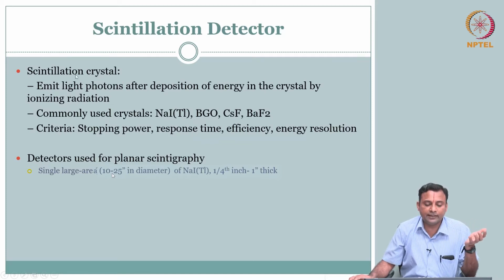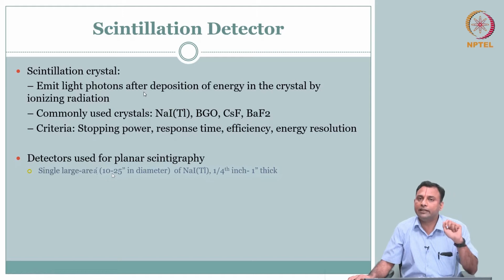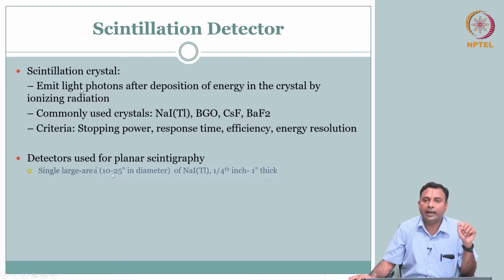In the scintillation crystal, for every gamma ray, ionization takes place and it gives out energy in the form of light photons. Some of the commonly used crystals are sodium iodide.